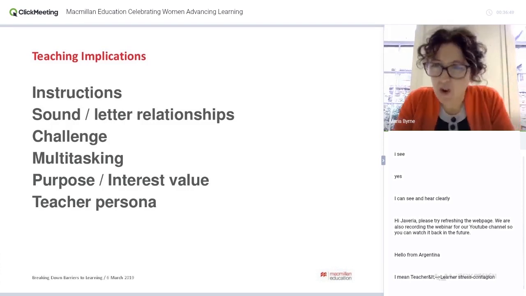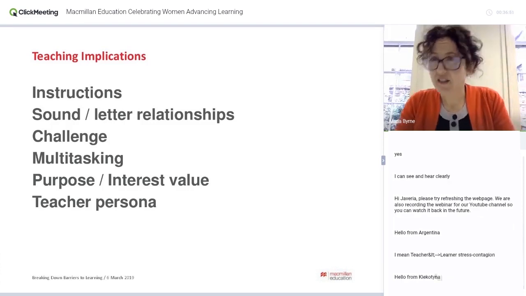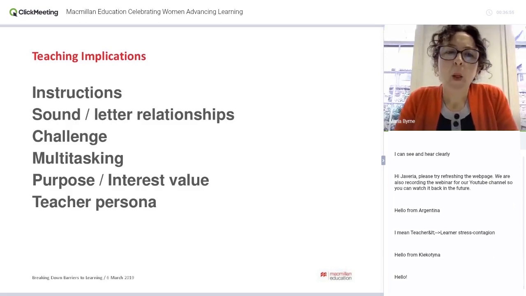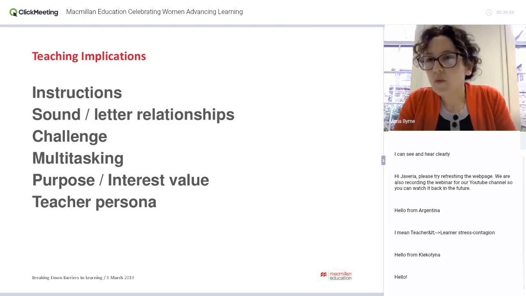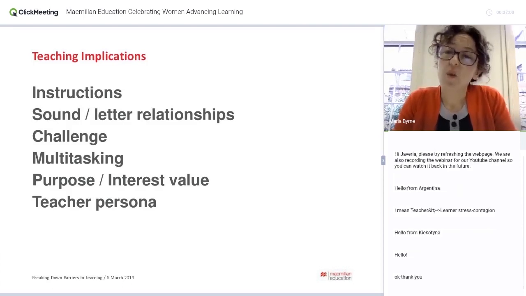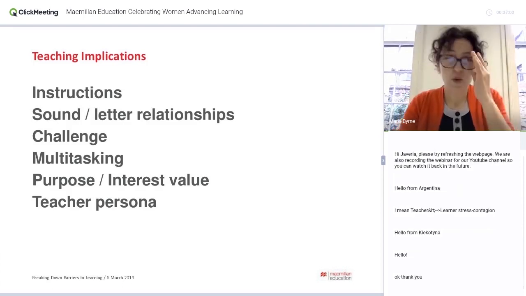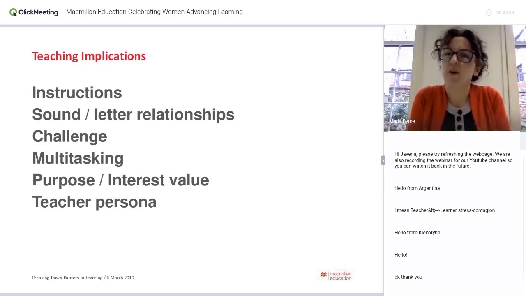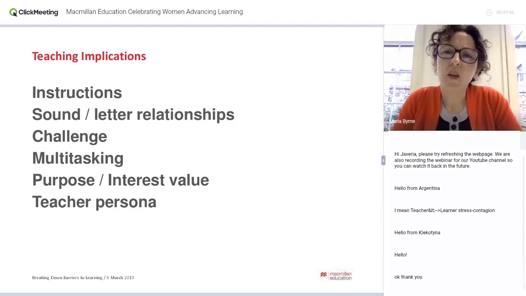We really need to think about the quality of our instructions when we're teaching learners that all think and learn differently. We need to break them down. We need to check our instructions. We may sometimes give visual aids, which might be gestures, open your book, for example.